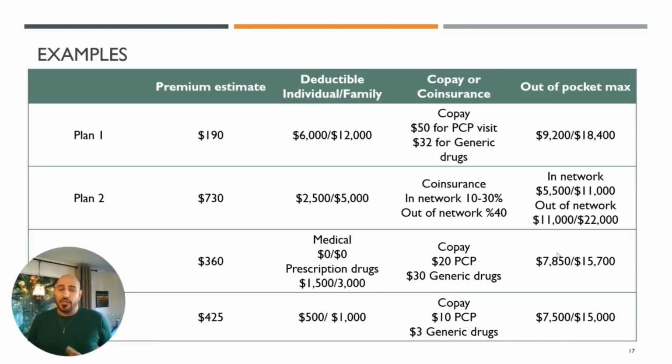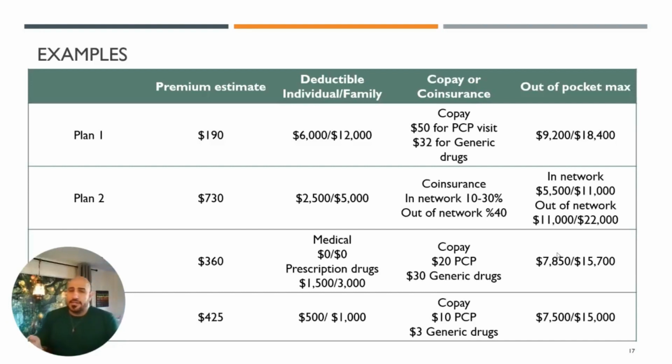Now, the second plan is higher. You see, it's a little bit higher premium there, 730. The deductible is 2,500 per individual and 5,000 for a family. And now this one has the co-insurance. After the deductible is met, in-network, the person will be paying 10 to 30%, and the insurance will be paying 90 to 70%.